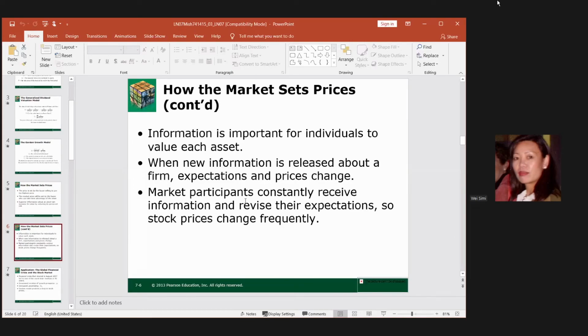So market participants, like you and me, okay, are constantly receiving information. Like I said, if you have a broker account, when you open the account, you just see the information flow in. Right now, I think we are overwhelmed by information. If you really follow all the information, you cannot do anything. You cannot finish reading all the information, it's too much.